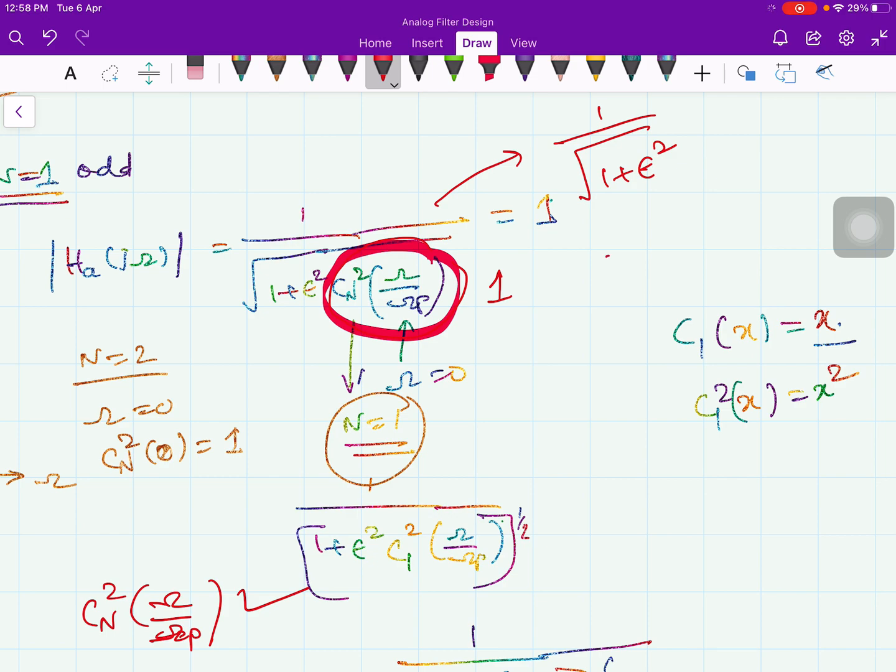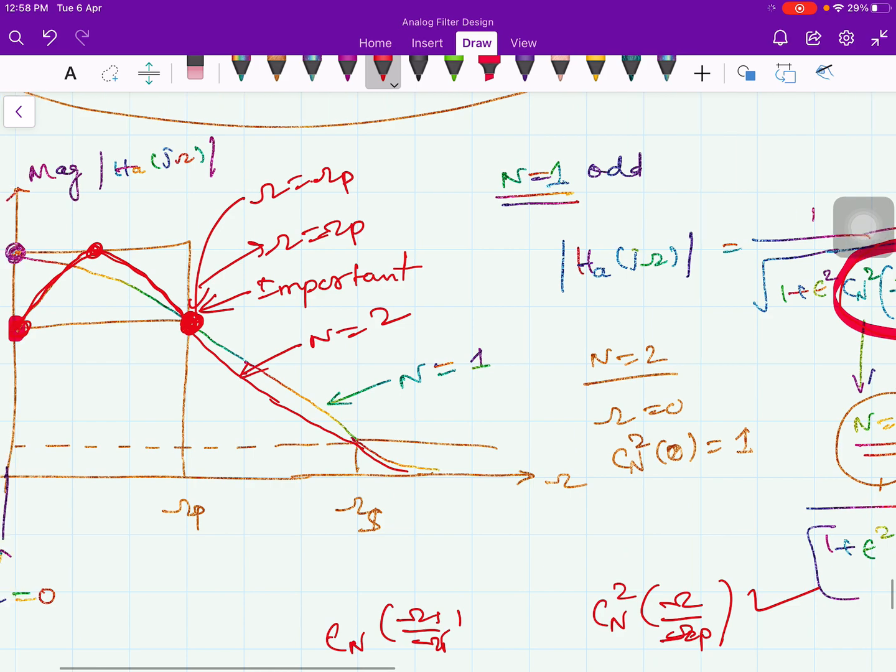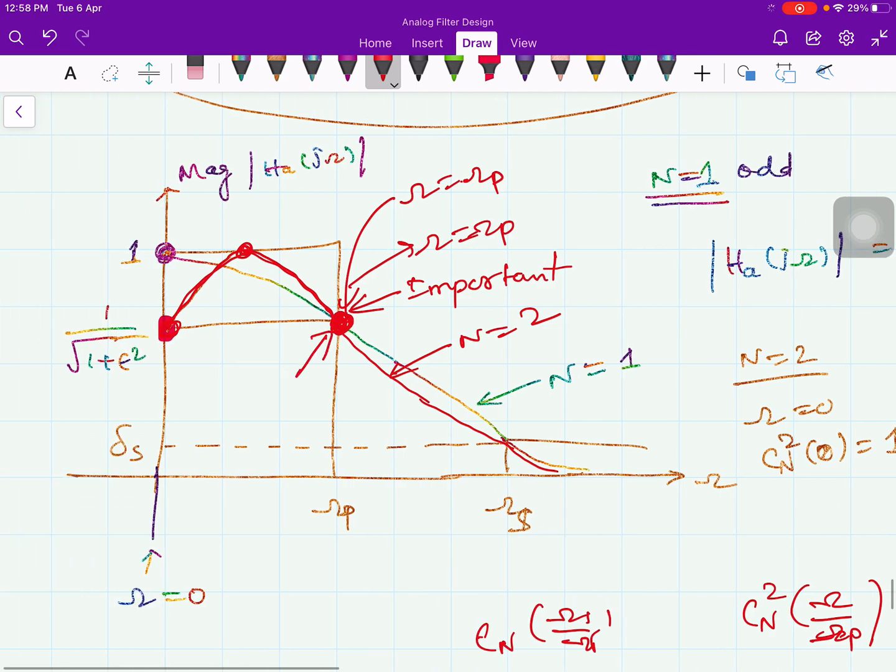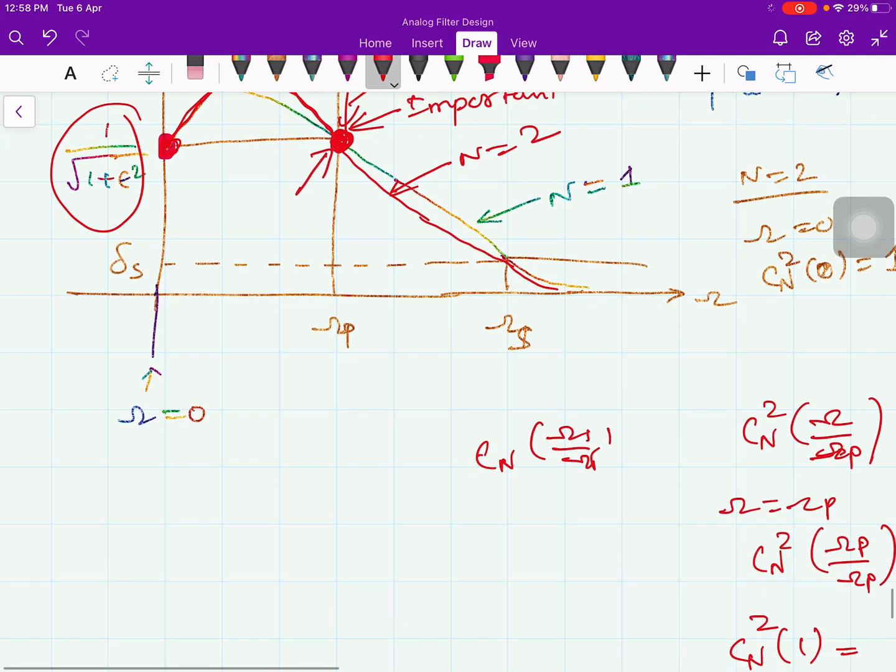So at omega equal to omega p, at this point the magnitude is 1 by square root of 1 plus epsilon squared.